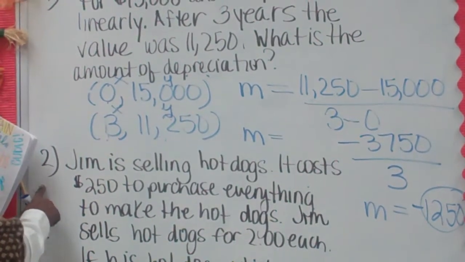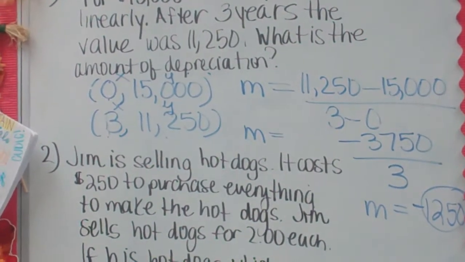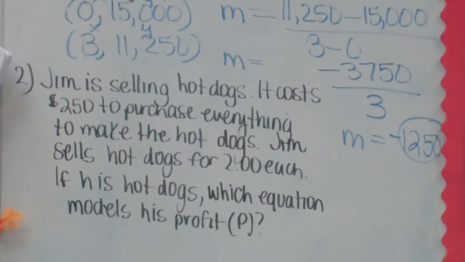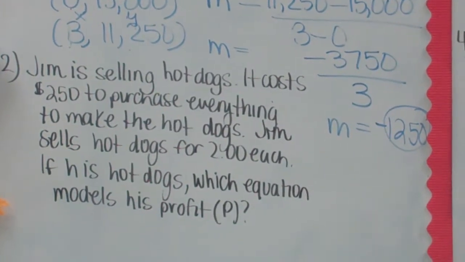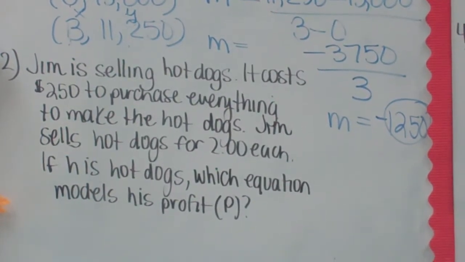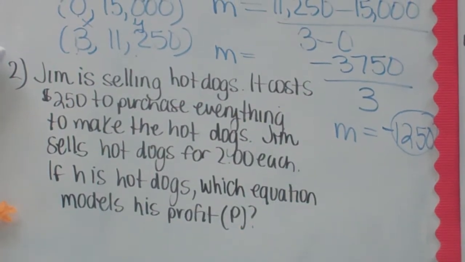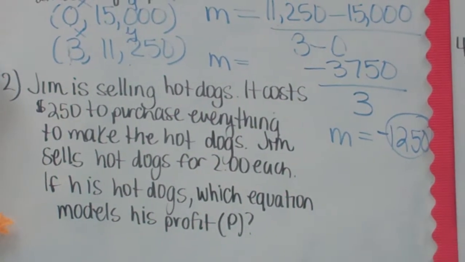All right, number 2. Jim is selling hot dogs. It costs $250 to purchase everything to make the hot dogs. Jim sells the hot dogs for $2 each. If his hot dogs are selling, which equation models his profit?